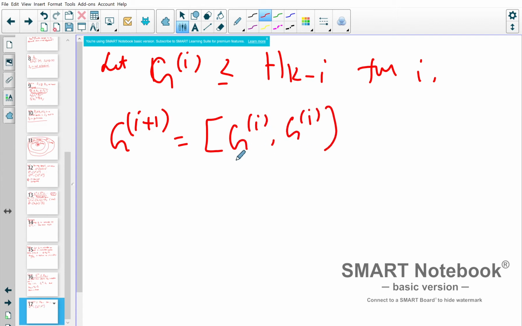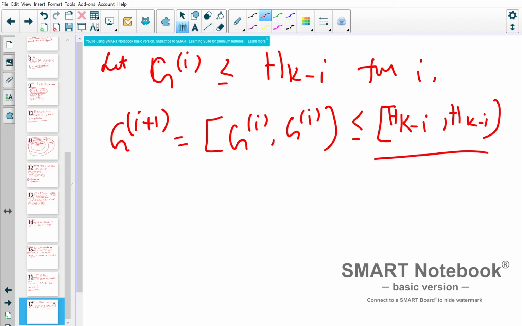But G^(i) is a subgroup of H(k minus i), so this is contained in the derived subgroup of H(k minus i). Now the question is, how do we show this is a subgroup of H(k minus (i+1))?